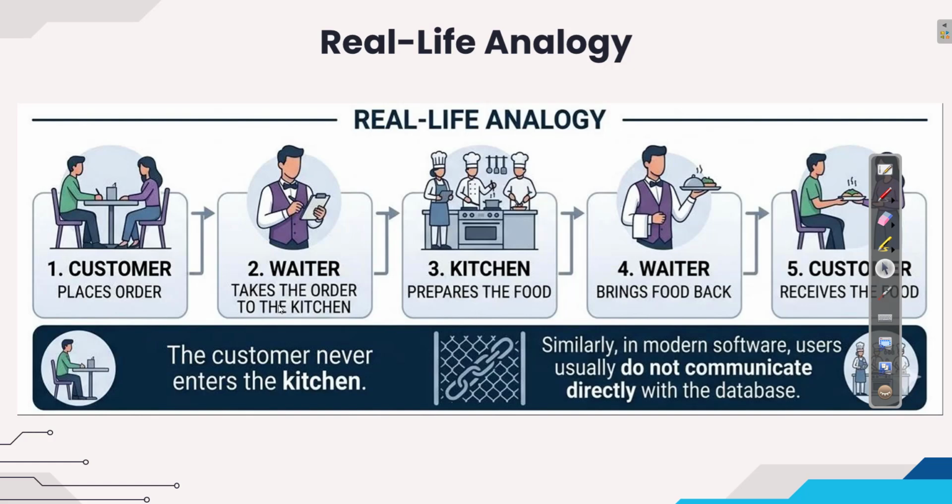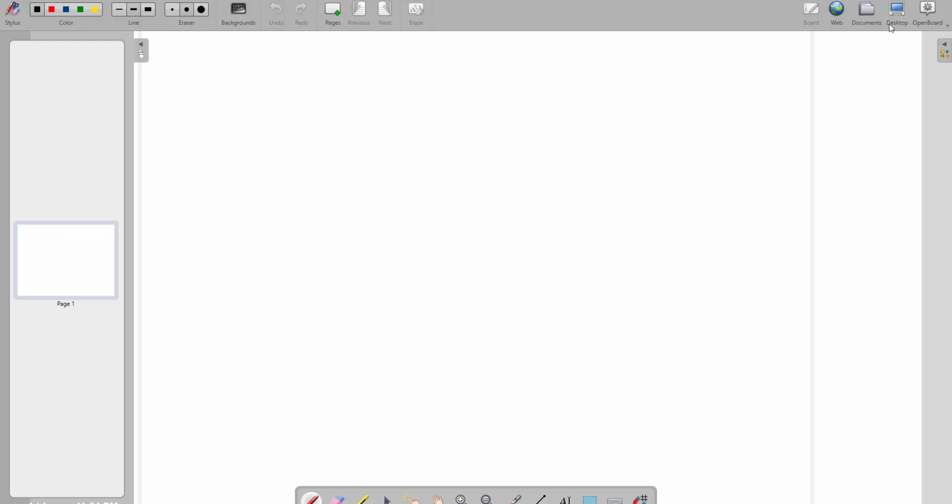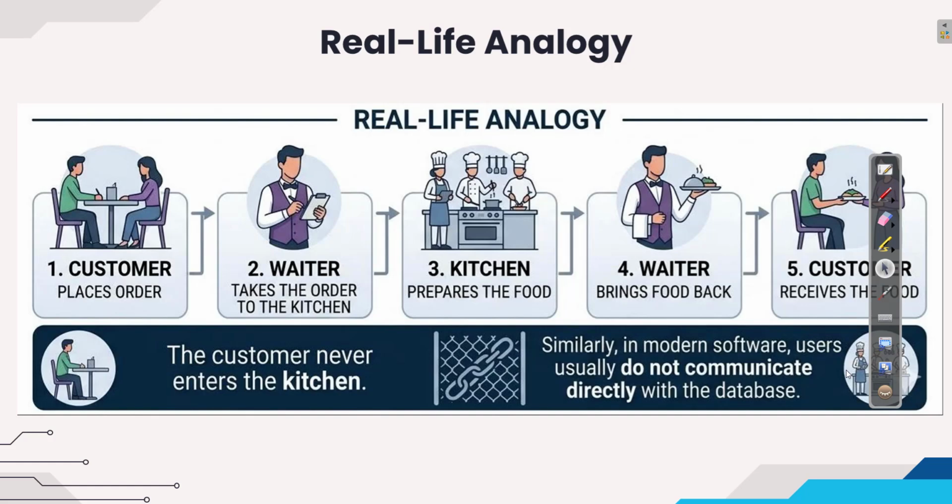It communicates with the waiter only. Similarly, in modern systems users usually don't communicate directly with the databases. The kitchen here is the backend system. In the same way, the user doesn't directly communicate with the database.